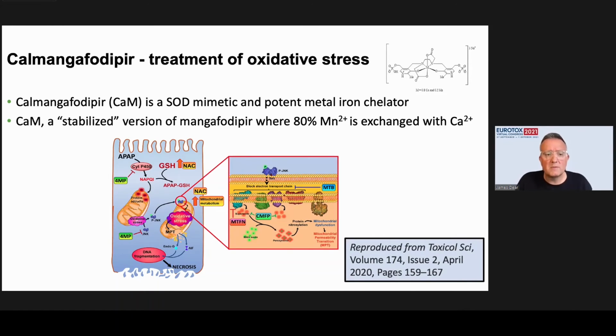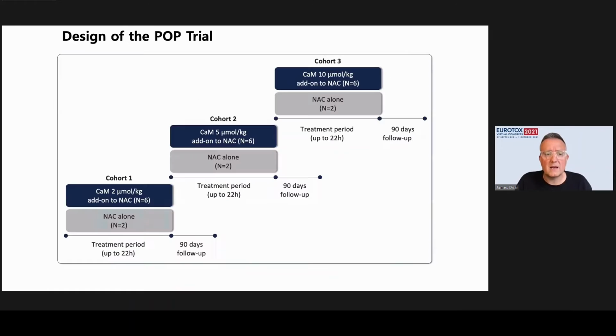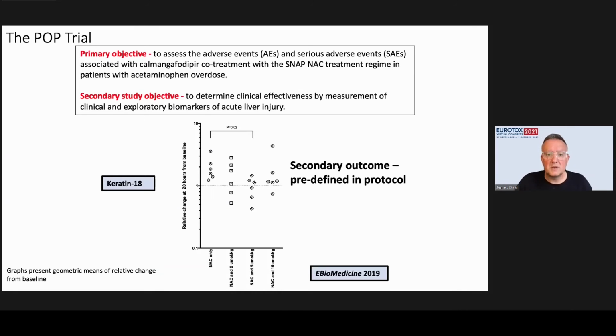And we've performed a phase 1 clinical trial with calmangafodipir, where we gave increasing doses of calmangafodipir to cohorts of patients. And we found that calmangafodipir was safe, but we also found, using keratin 18 that we've already talked about, there was evidence of drug efficacy.